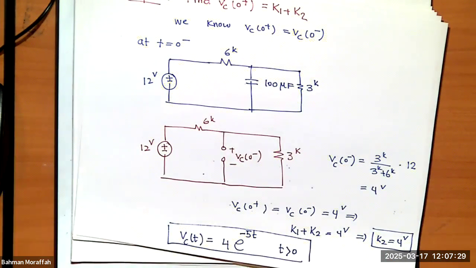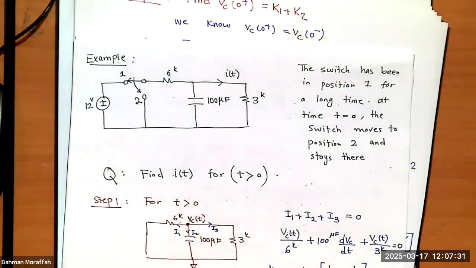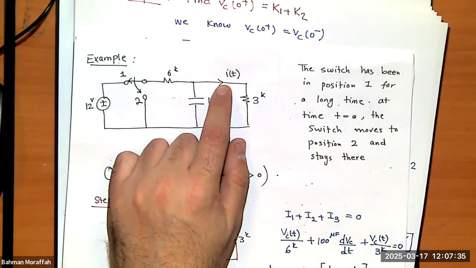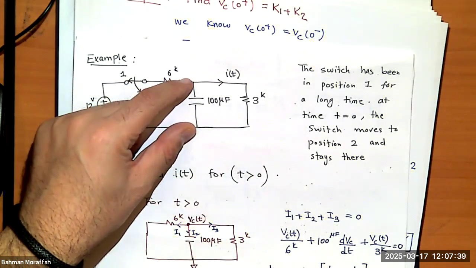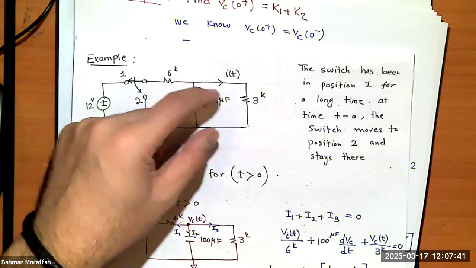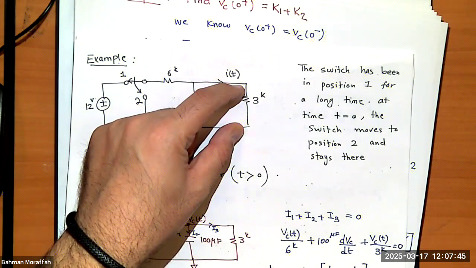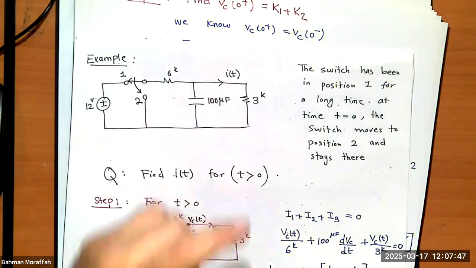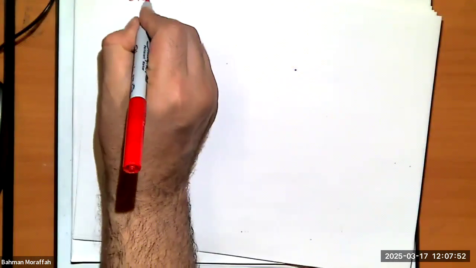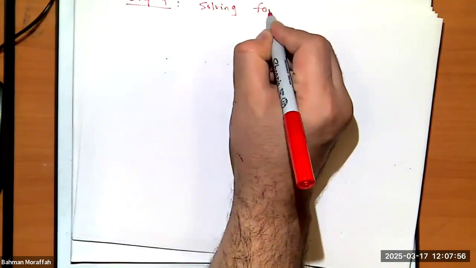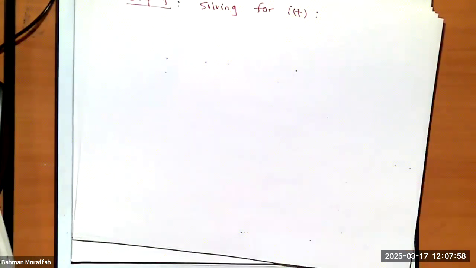But that's not what the question is asking. The question is asking, what is this IT? But it's not really difficult because I know voltage across this. And I know voltage across this capacitor is exactly the same as voltage across this 3K. So I can find current through it. So step 4, solving for I of t.